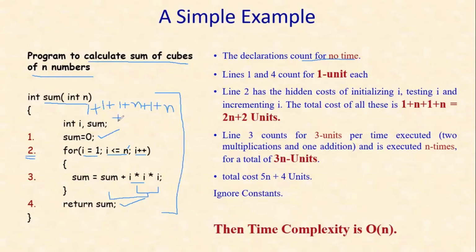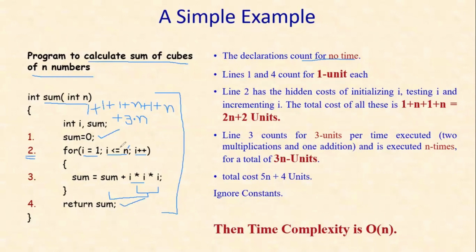These 3 operations will be executed repeatedly n number of times, because this is kept in a loop. So 3 into n units of time will be taken for execution of sum is equal to sum plus i into i into i.